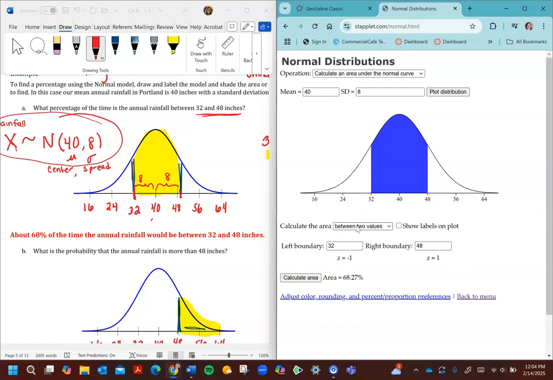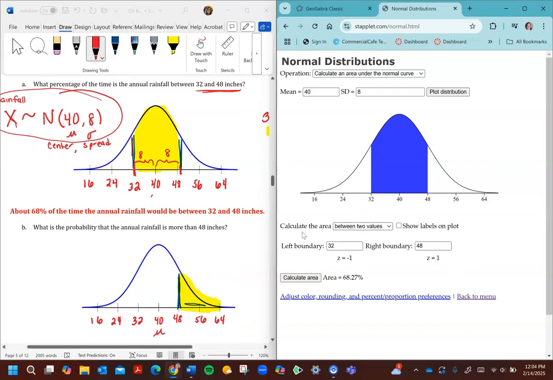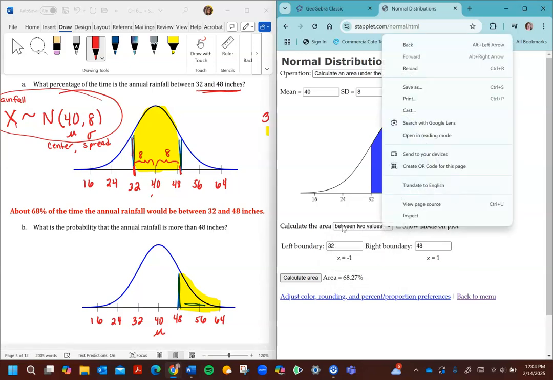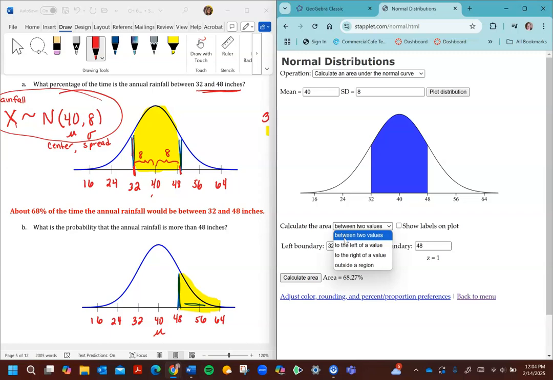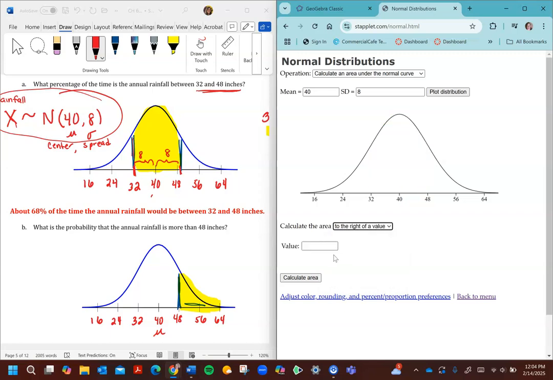If we want to find area more than 48 inches for this part B, we're going to say area to the right of a value and put in just 48 and then calculate area. Again, we're leaving our mean and standard deviation the same. And again, we get almost 16%.